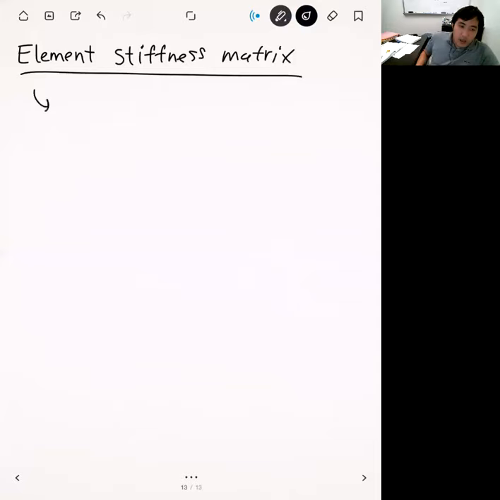Before we jump into that, we do have one additional property that's needed for beams, and that's the moment of inertia.